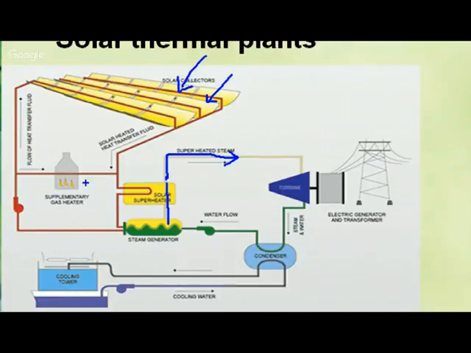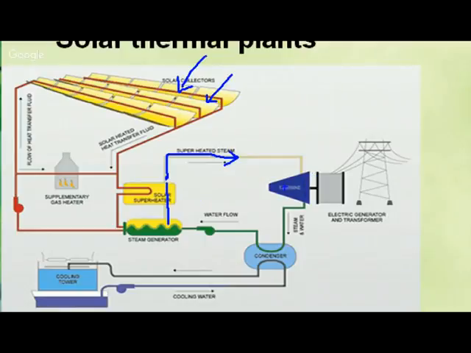The other water comes here and is again pumped and goes to the collector, and here superheating is also done in case extra heat is required, and again they come back, and in the solar superheater they exchange the heat. This is for superheating purposes. The cold water is getting converted to steam because of this fluid exchanging heat here, and this steam is superheated again and goes to the turbine.